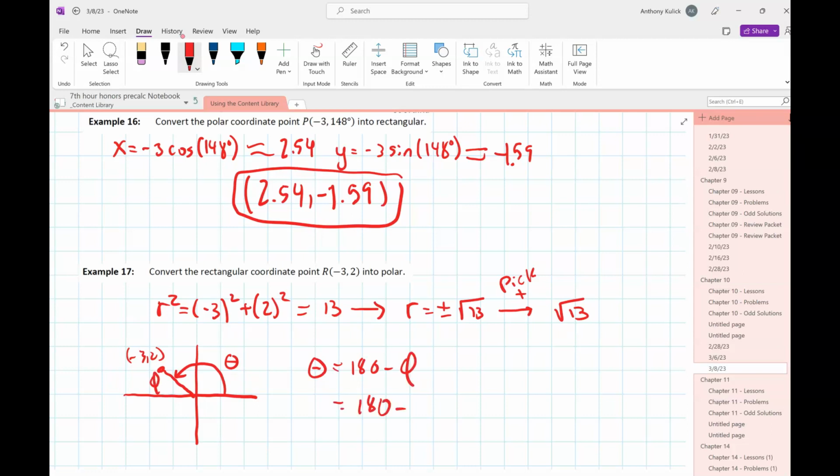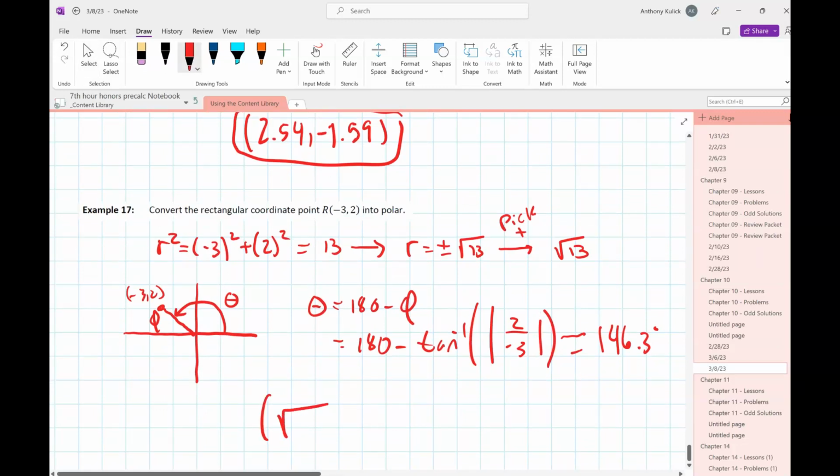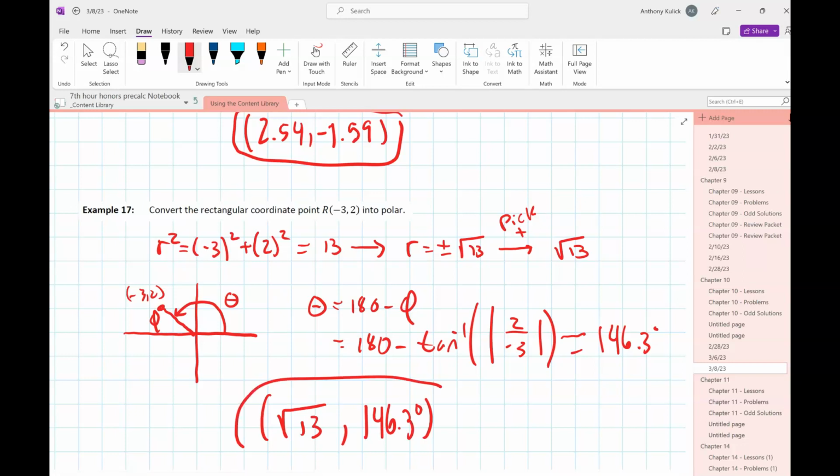And that phi is going to be the tan inverse of the absolute value of y over x. So that's just going to come out to, when I type that all into my calculator, about 146.3 degrees. So there's my polar coordinate.